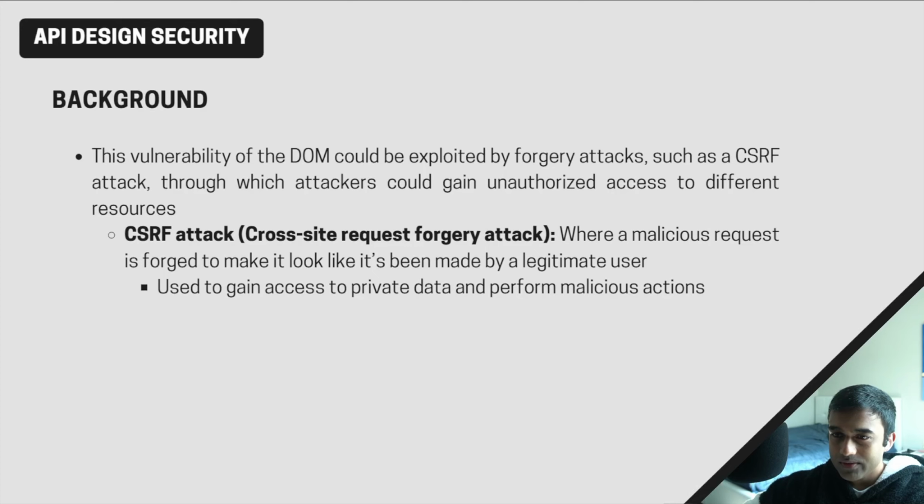This vulnerability of the DOM could be exploited by forgery attacks, such as a cross-site request forgery attack, where a malicious request is forged to make it look like it's been made by a legitimate user, which is used to gain access to private data and perform malicious actions. And through this, attackers could gain unauthorized access to different resources.